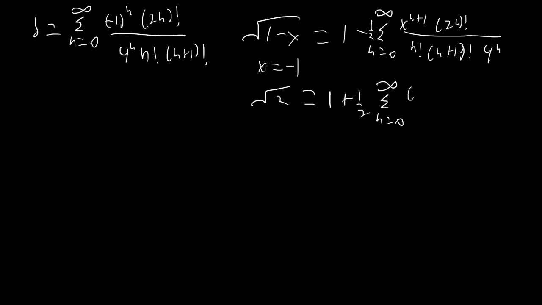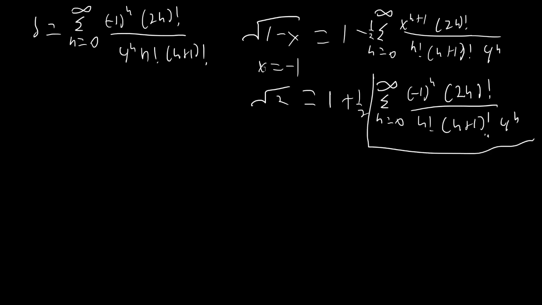So no, I'll leave this minus sign here to show you why that works. We're going to get -1 to the n plus 1, and so we factor out -1 to the 1, and that'll become a plus sign. And then we'll have 2n factorial over n factorial, n plus 1 factorial, 4 to the n. And you may notice that this is actually just s.